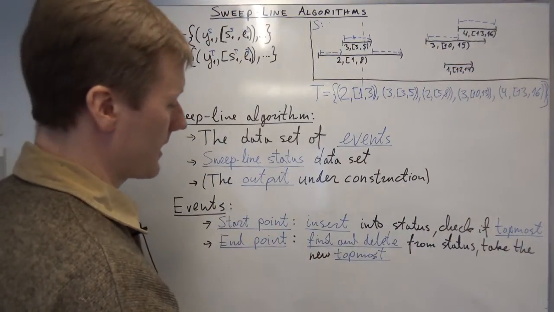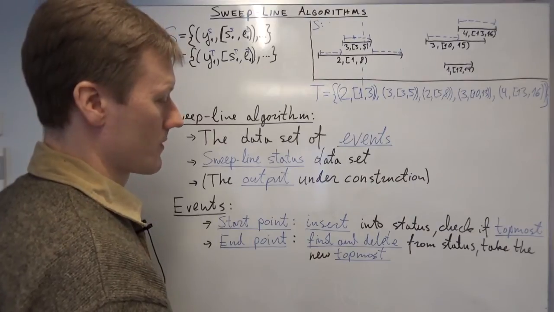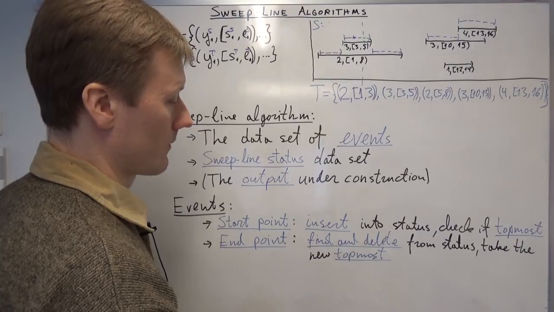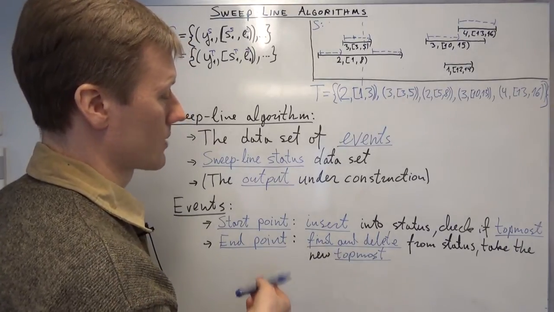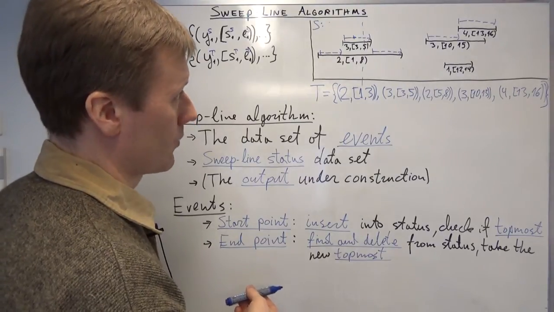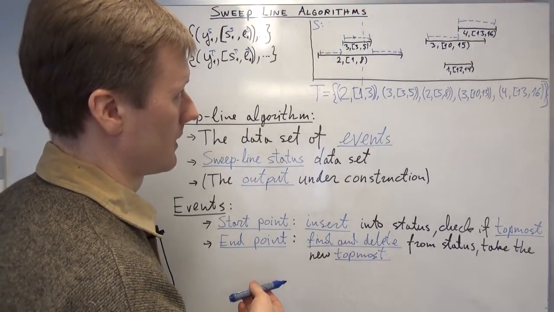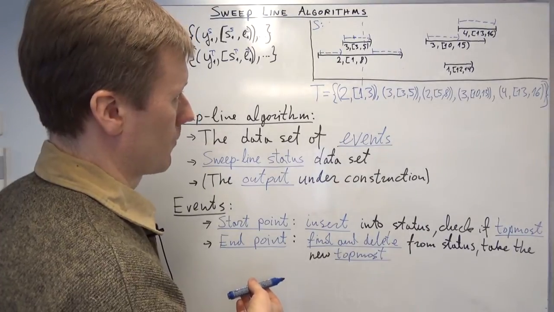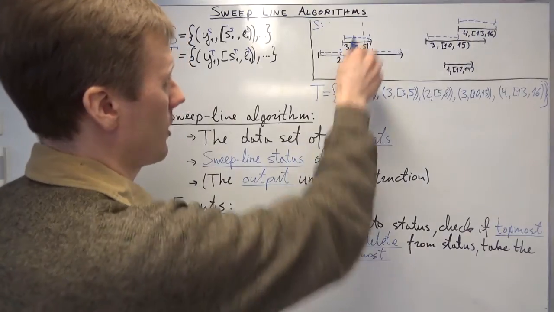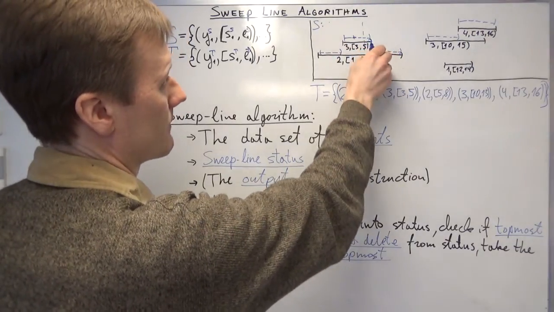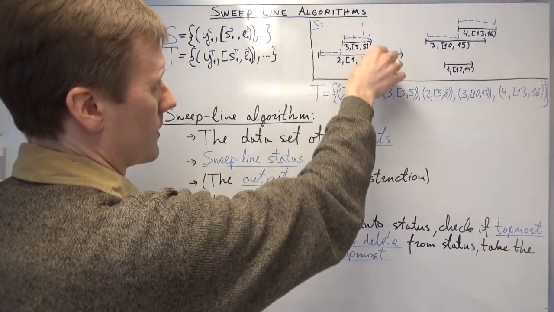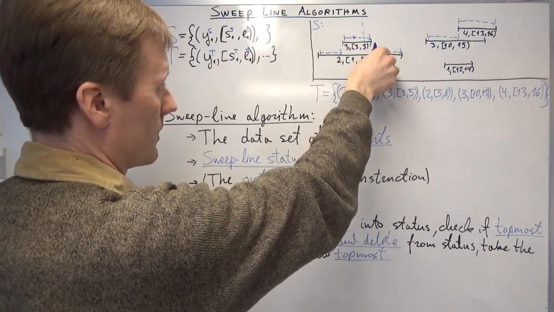If the event is the endpoint of the interval, then we need to find this interval in the sweep line status and delete it from the sweep line status. And then again, we want to look at what kind of interval we had. So if we deleted the topmost interval, like in this case, at this event, then we want to look into the sweep line status.